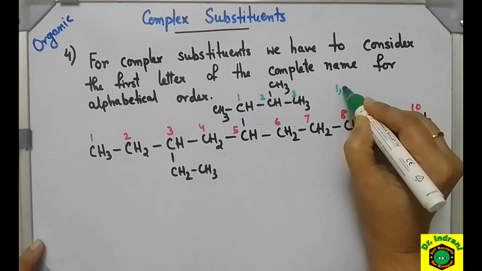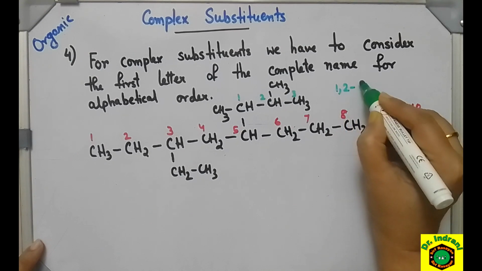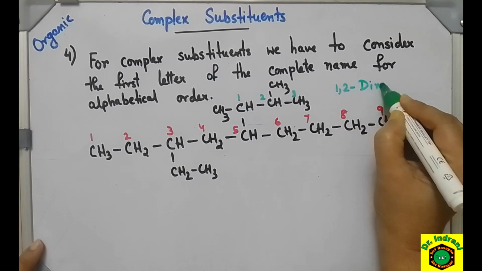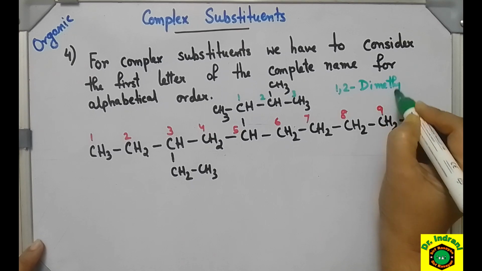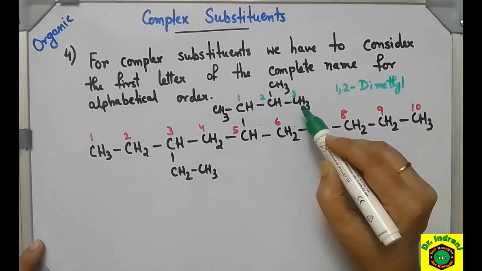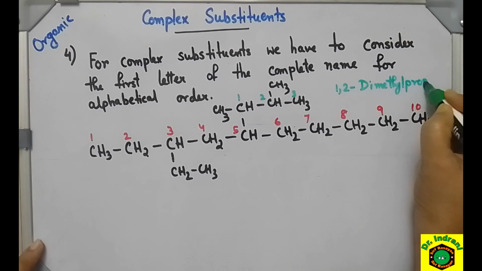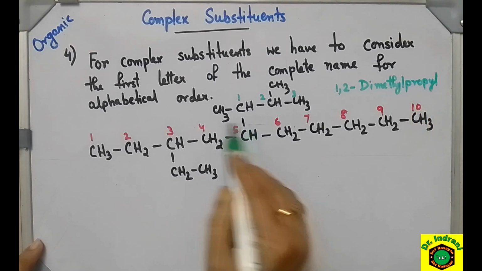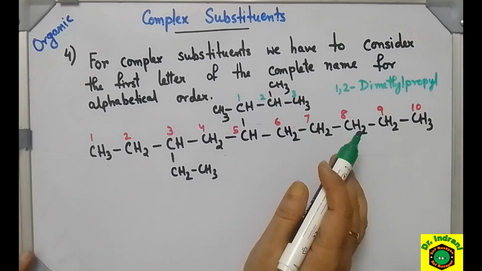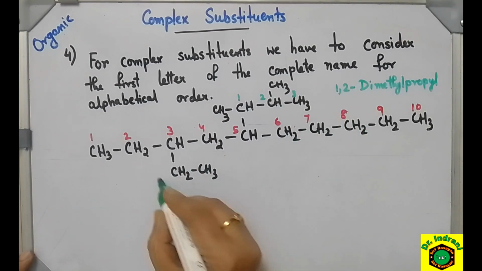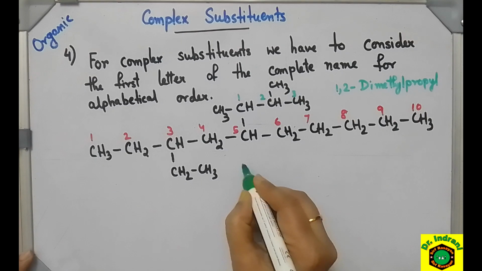So 1, 2 hyphen dimethyl. Here parent chain is having 3 carbon atoms. So propyl we have to use because it is alkyl group substituent. Okay. And this one is ethyl.